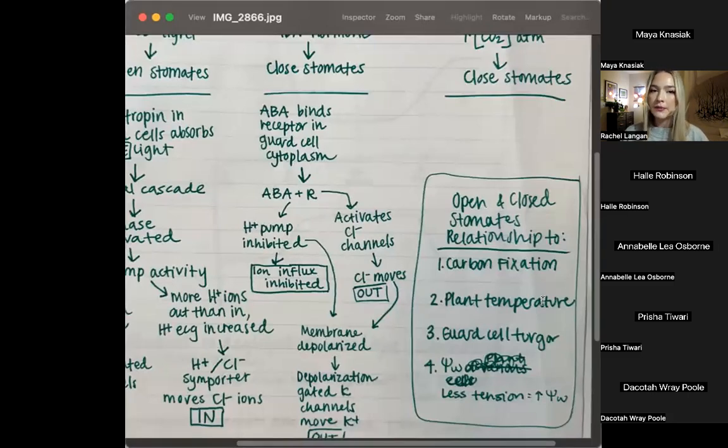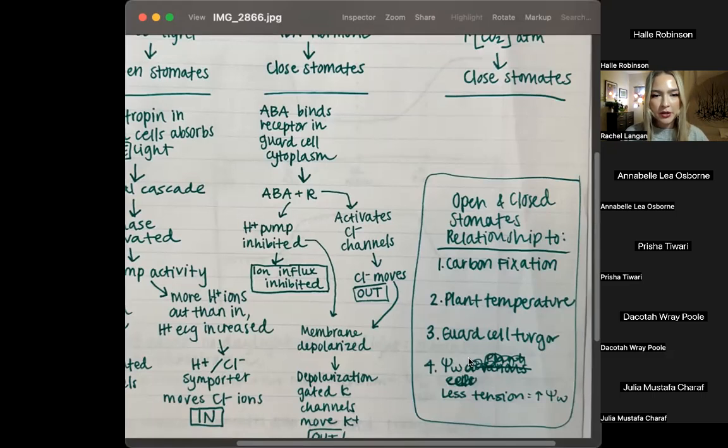Plant temperature: as you close the stomates, you get less transpiration, so you get less evaporative cooling. So the plant temperature would go up if you close the stomates. Guard cell turgor pressure: as you close the stomates, that's decreasing guard cell turgor, and as you open the stomate, that increases turgor pressure.